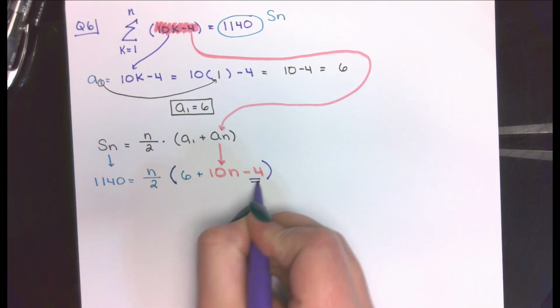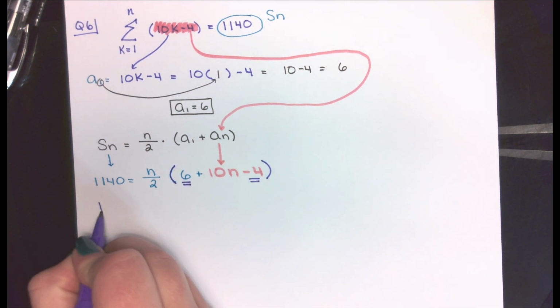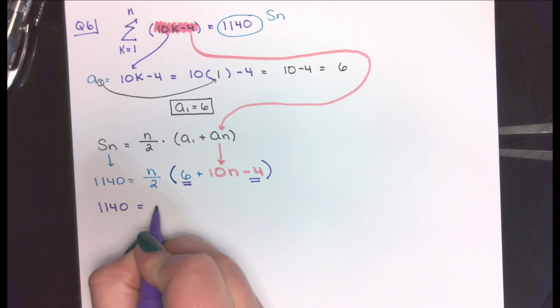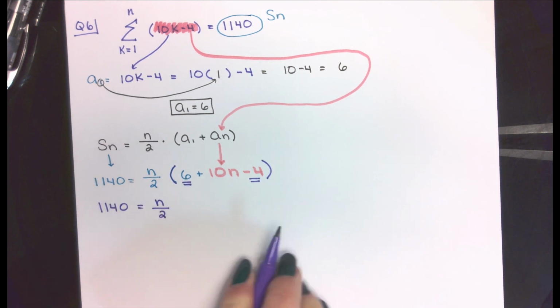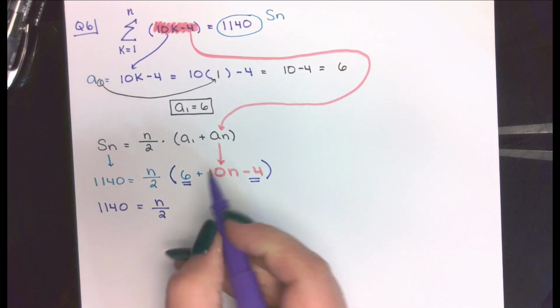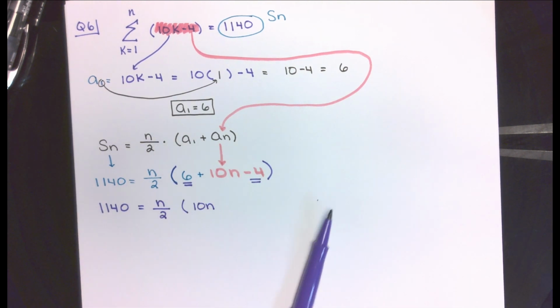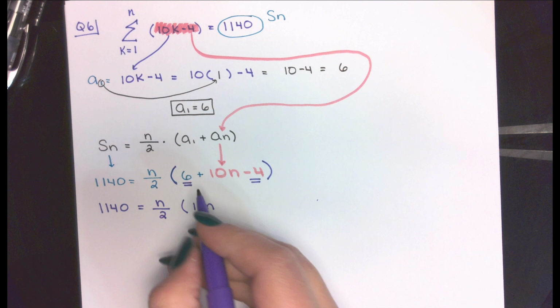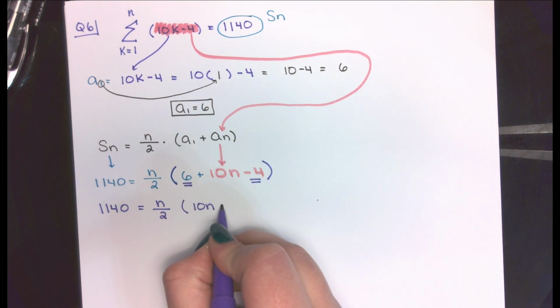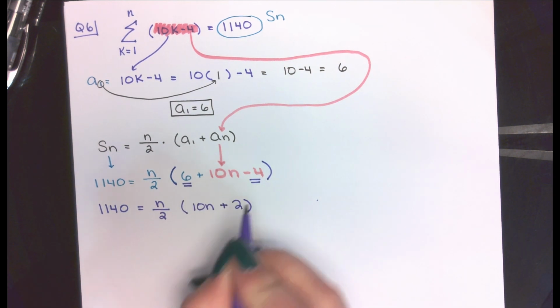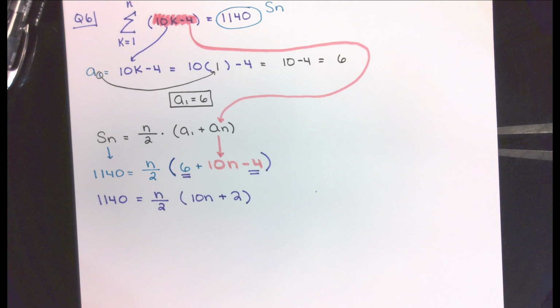Combine like terms. So we get 1,140 is equal to n divided by 2. We got 6 minus 4, which is 2, so 10n. 6 minus 4 is a positive 2. Remember at this step, you don't want to distribute this fraction. Get rid of the fraction.